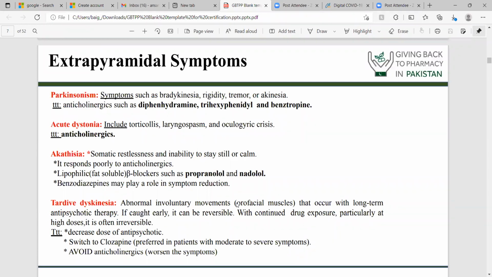If a patient is experiencing acute dystonia, we normally treat with an anticholinergic, that's benztropine. For akathisia, which you need to memorize, the patient is restless, and we normally treat with beta blockers, specifically propranolol and nadolol.